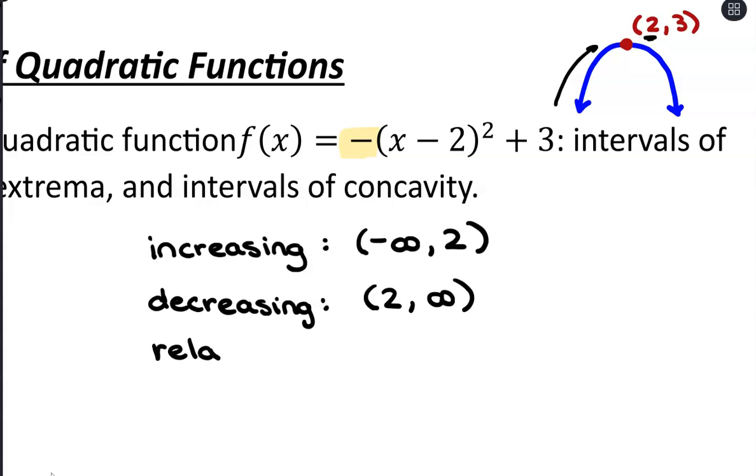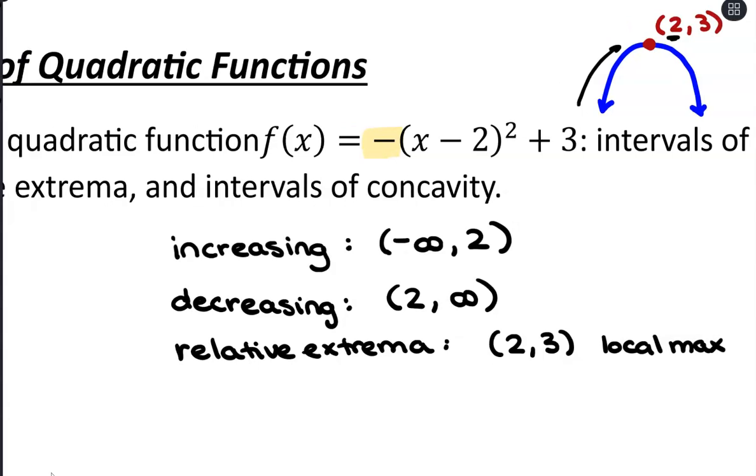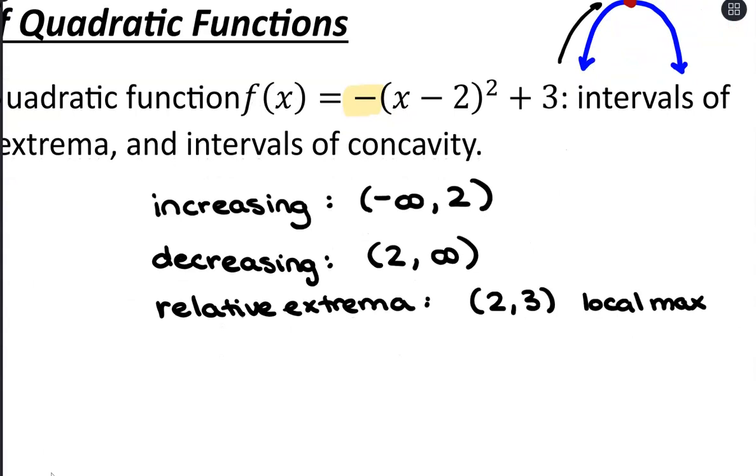For relative extrema, we have a local maximum at the vertex. So that coordinate (2, 3) is a local maximum. And then for, I feel like I skipped over something, long run behavior. Let's actually do that last.